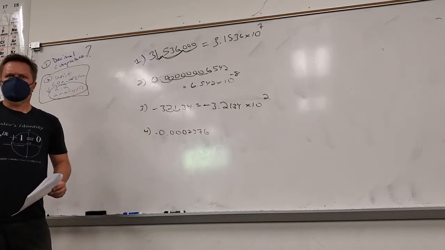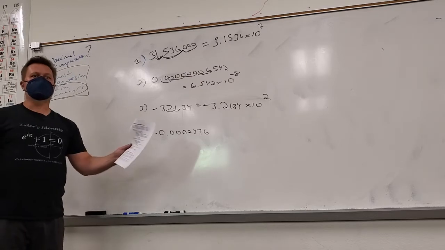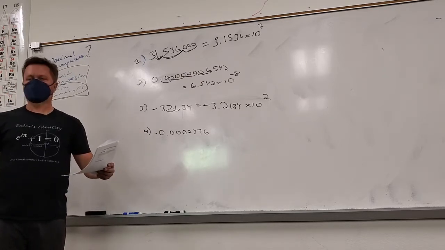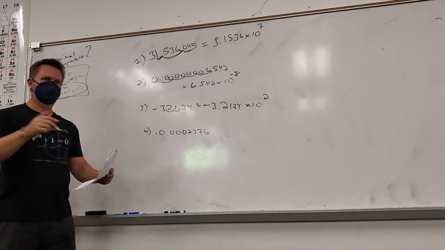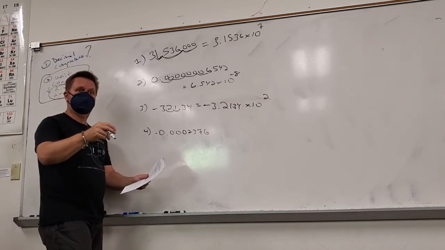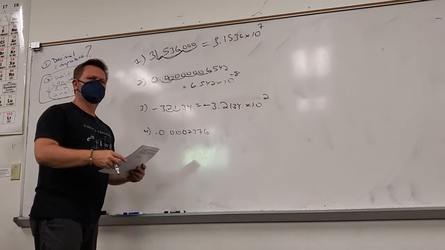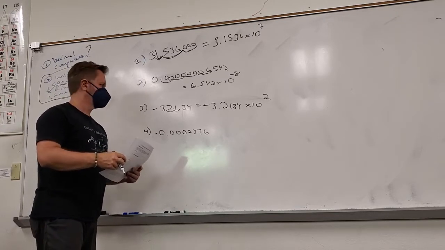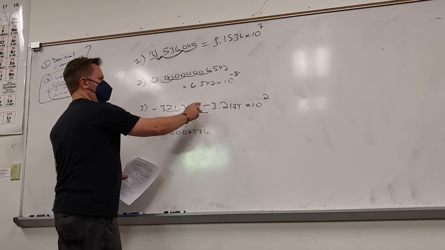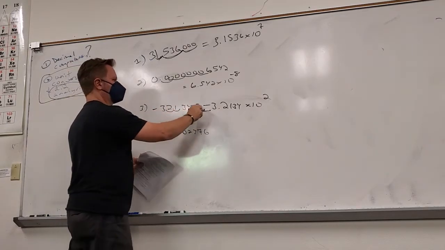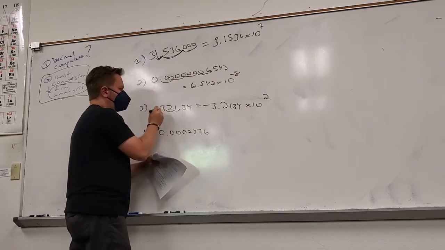Believe it or not, every time it's the same. What about why it's positive? Where do you put the minus? It's here. The number is negative, so you don't even have to consider this.